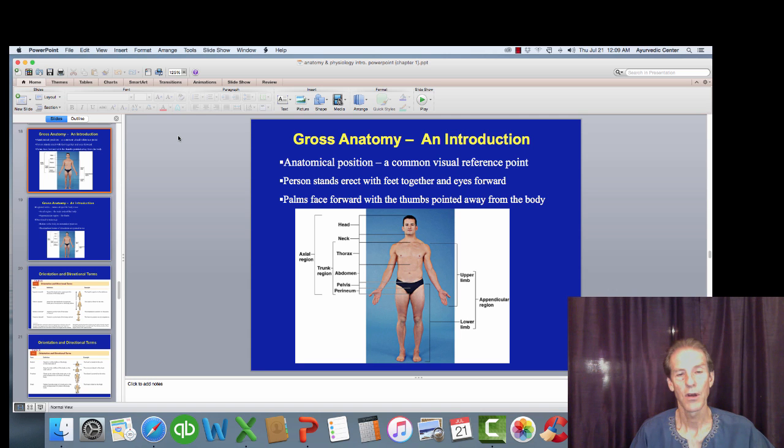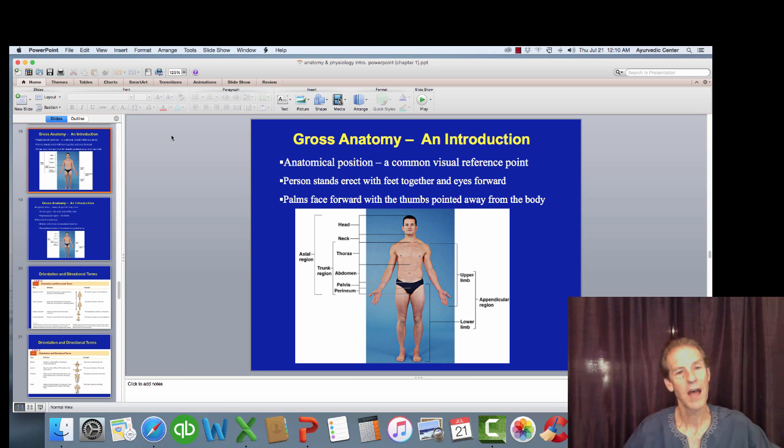So in gross anatomy, we have certain terminologies that are used so that across the entire world, a doctor in Tokyo can know what part of the body someone is describing if they describe the anterior or lateral forearm. They know exactly that they're talking about this right here.